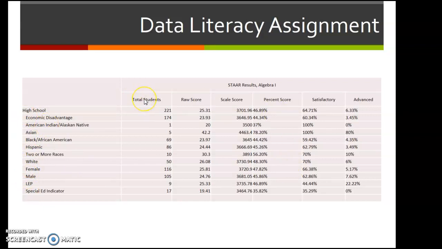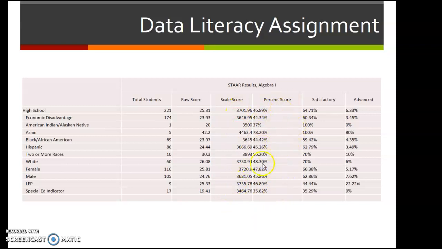Total students indicates the total of students in each of those groups to the left. The raw score is the actual number of questions that they got correct. And you can tell by percent score. So if 46 is about half, there were probably 55 or so questions total. The scale score is that converted score.